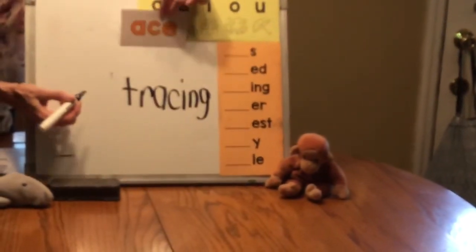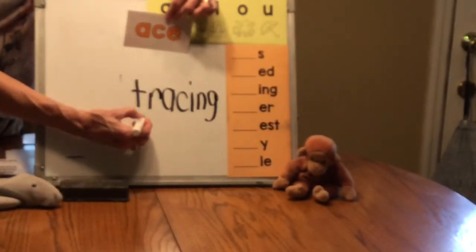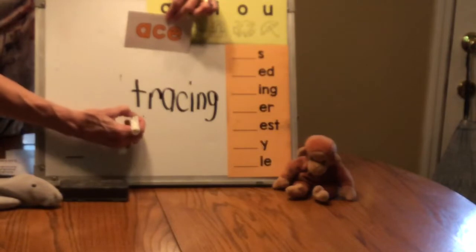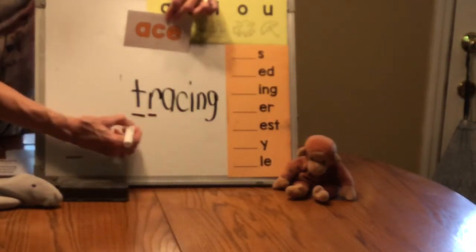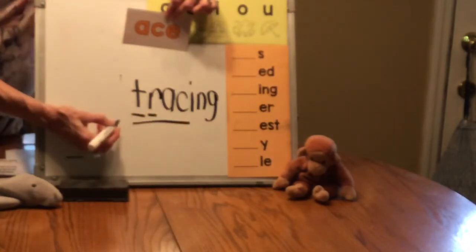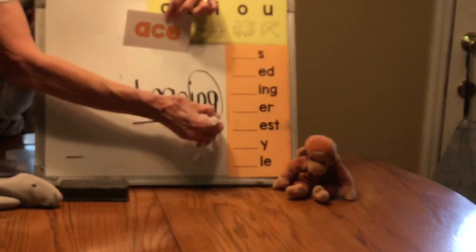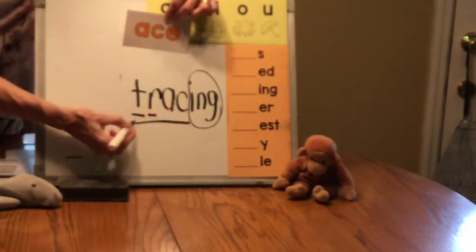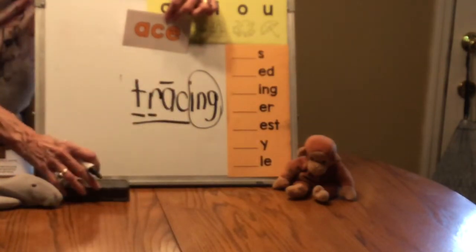All right, so if we were going to mark this word, I see a consonant blend, and it's called a blend because you hear both sounds. Trace is your base word or your root word, and then ing is your suffix, tracing. You have a long A.